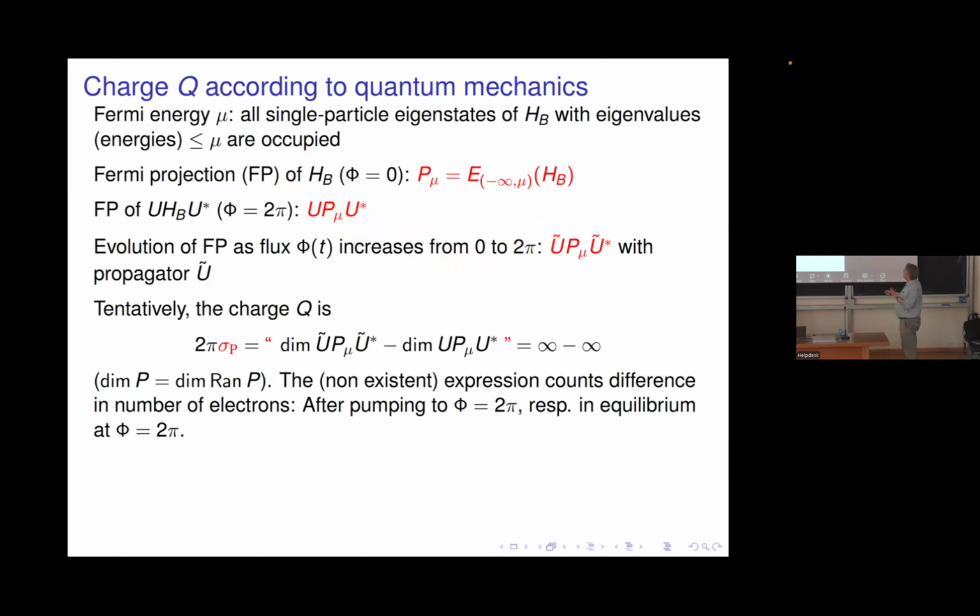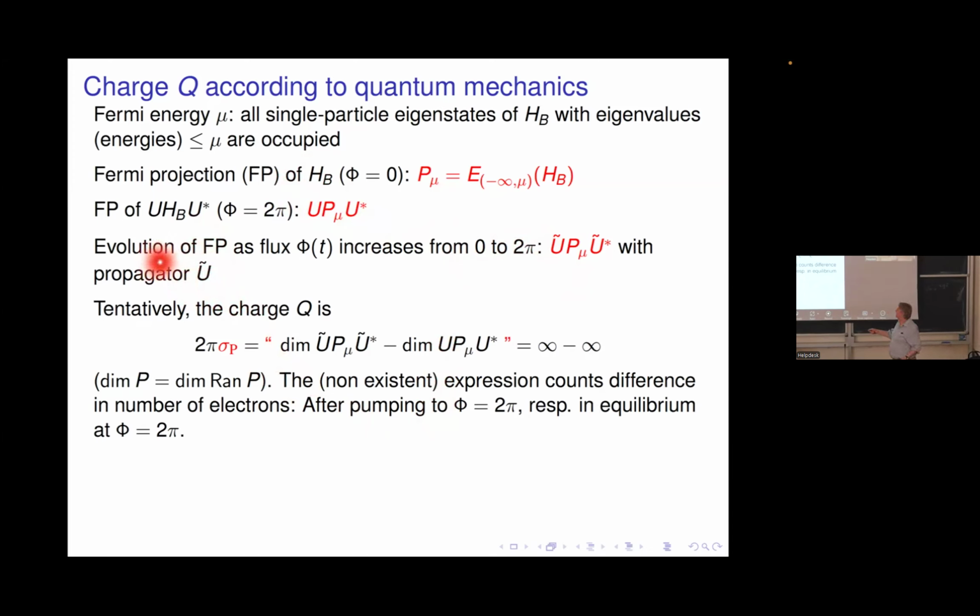And what is the state, the single particle density matrix, as we proceed? Well, we have to solve the time-dependent Schrödinger equation, and that gives rise to a propagator, which has a dependence on t, which has been suppressed. It's called here U tilde of t.